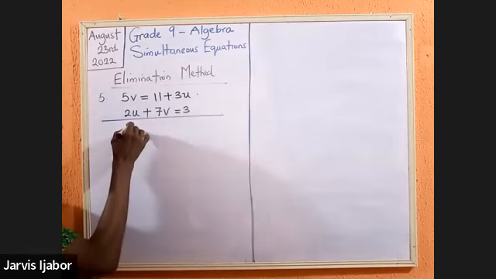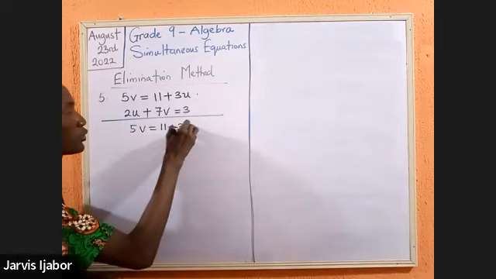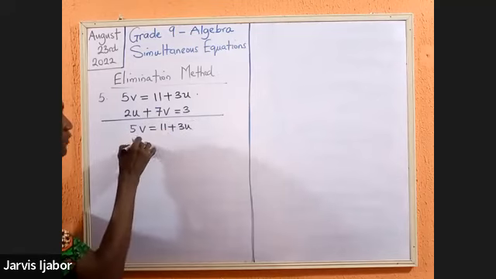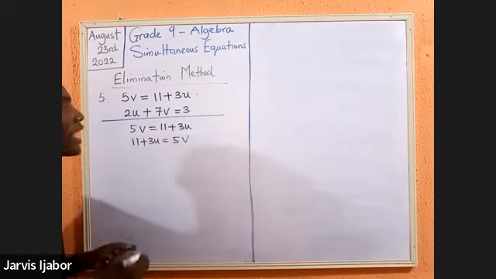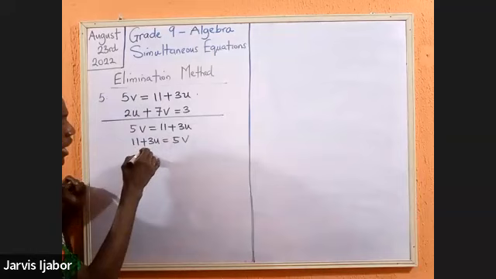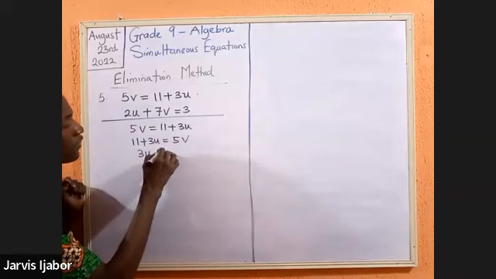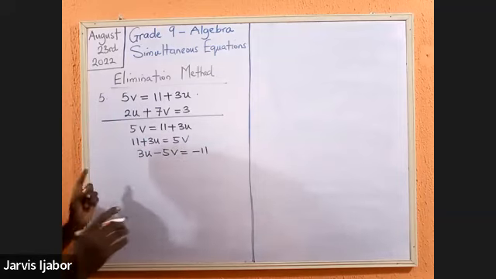I'll start by saying 5v is equal to 11 plus 3u. Rewriting, 11 plus 3u equal to 5v. Now, because the order of my second one is u and then v, I will go ahead to say 3u minus 5v is equal to negative 11.